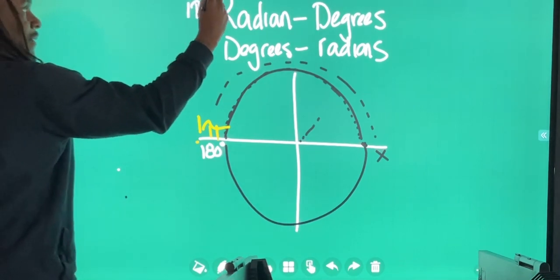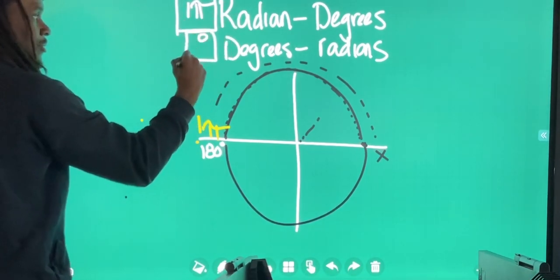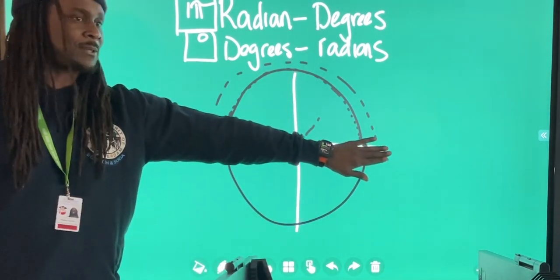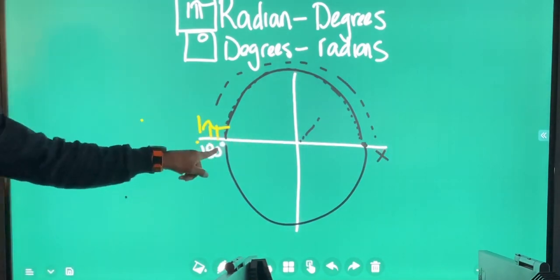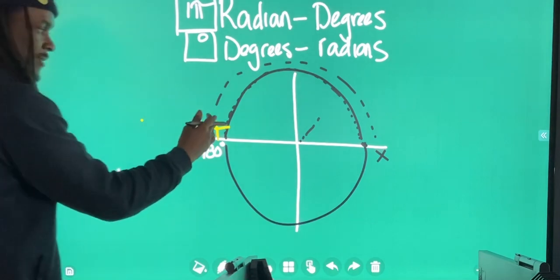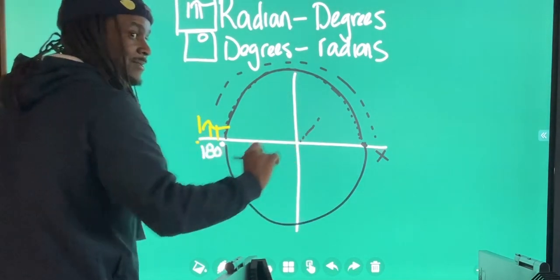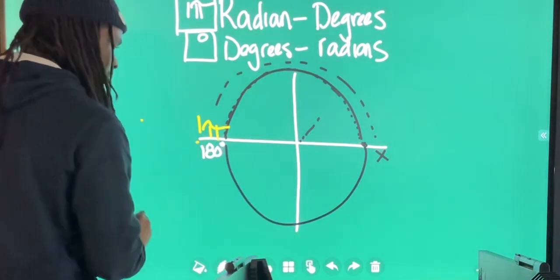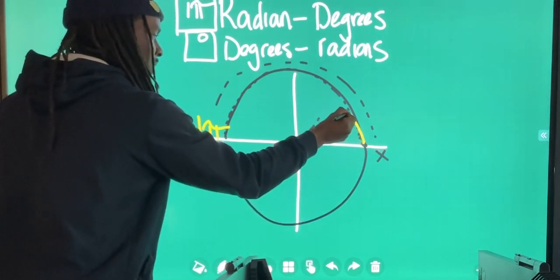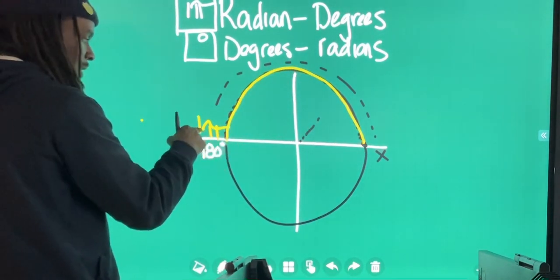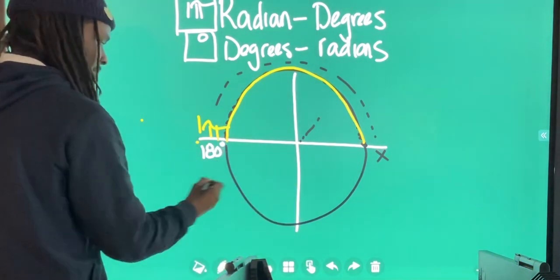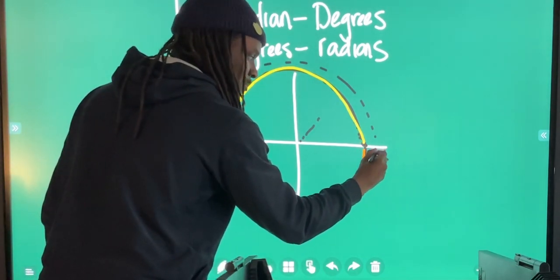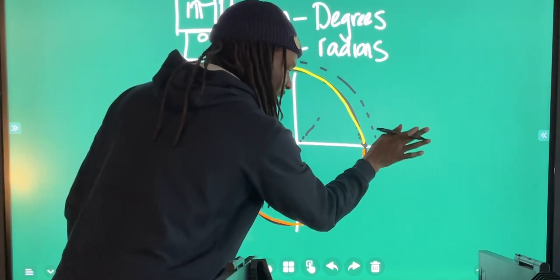The semicircle is how many degrees? 180. Because 2 pi equals 360, and 1 pi equals 180. It's not hard. From start to halfway is 1 pi. From here on, this is 2 pi.